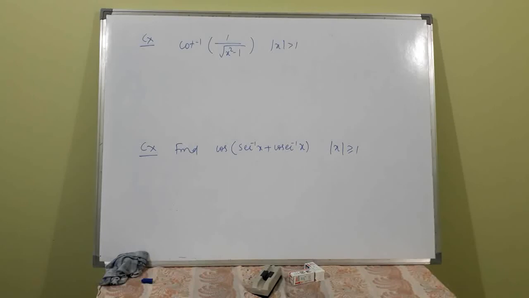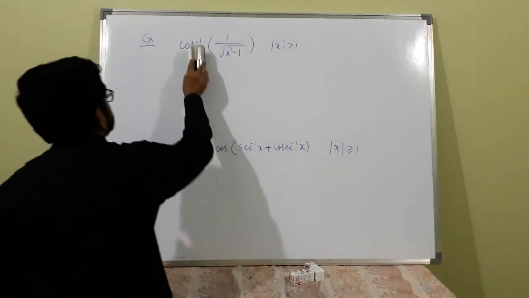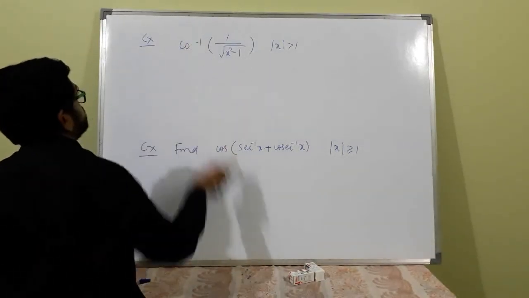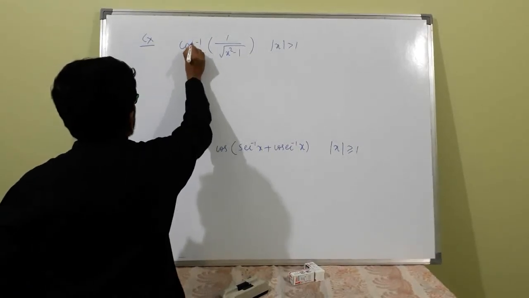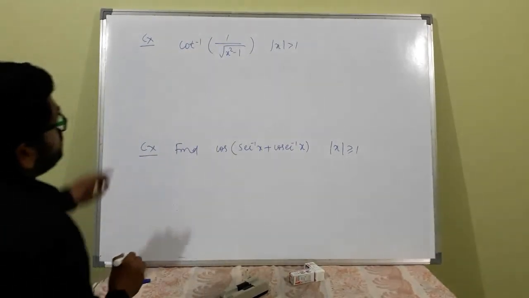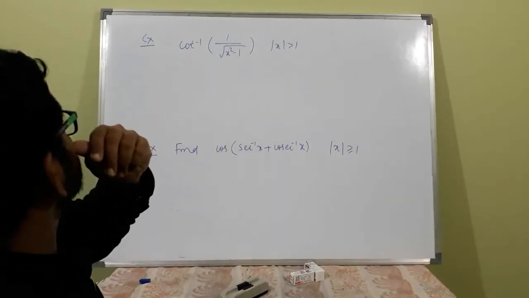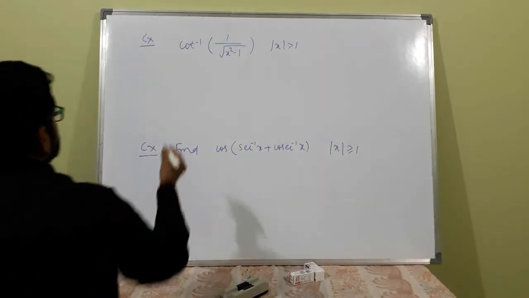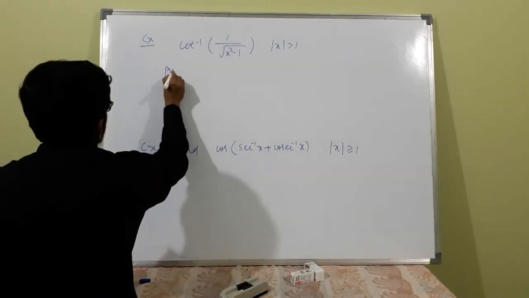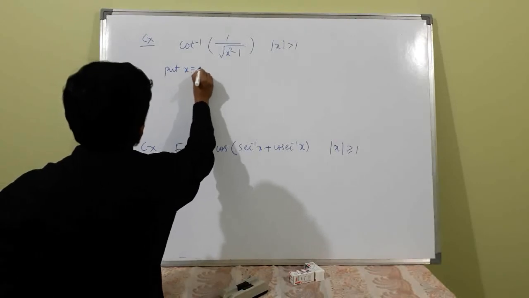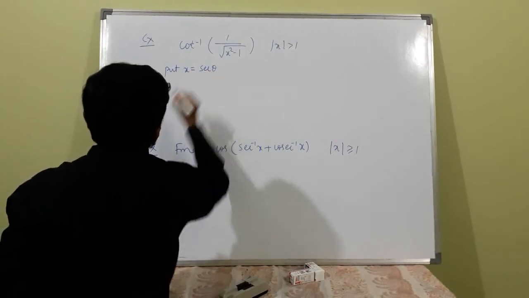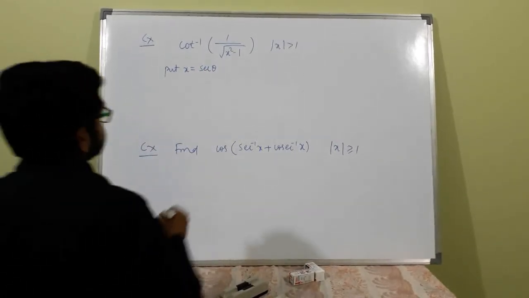See, another example is cot inverse of 1 by root of x squared minus 1. You put x is equal to secant theta. What happens?